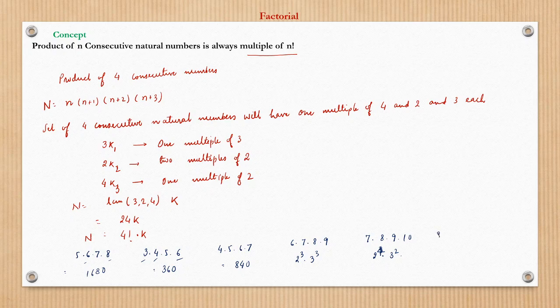Now if I take 9, 10, 11, 12, it is 3 square into 2 has a 3 powers, right? So this is 72k. This is 144k. This is 432k.